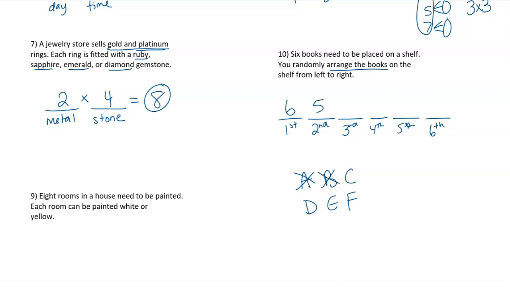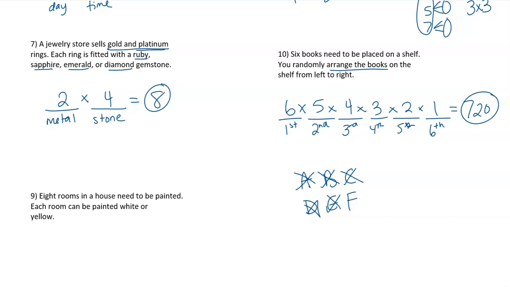Once we've chosen a book for the second spot, we have 4 books left to choose from for the third. Then we have 3 for the fourth, 2 for the fifth, and for the last one, there's only 1 book to choose from. And then we can multiply these numbers together. We get 720.